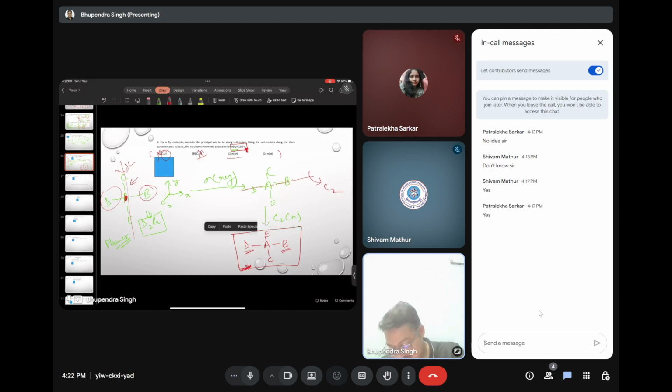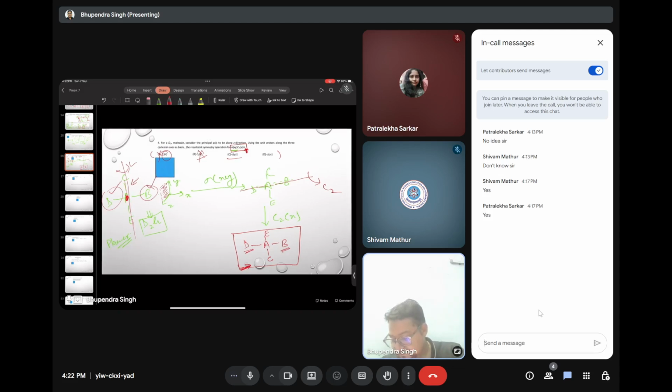By applying sigma YZ to this molecule, D and B will change their position, since they lie along this direction.